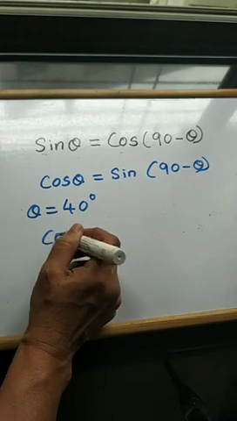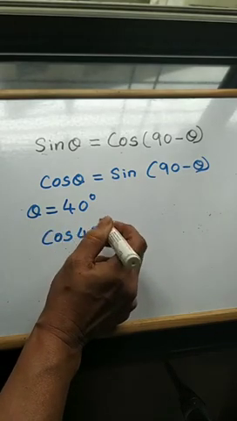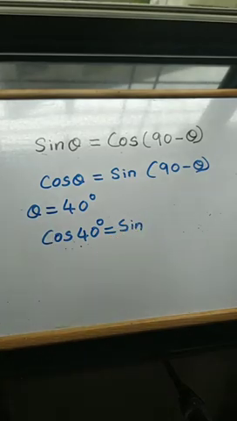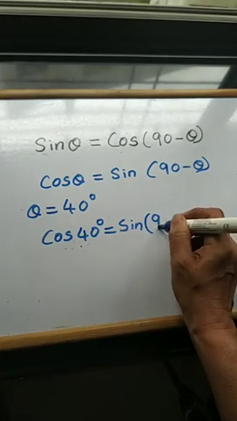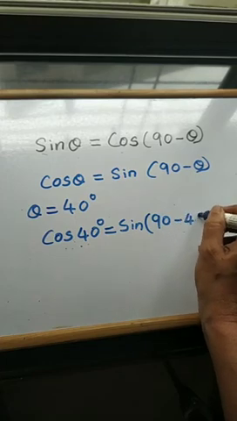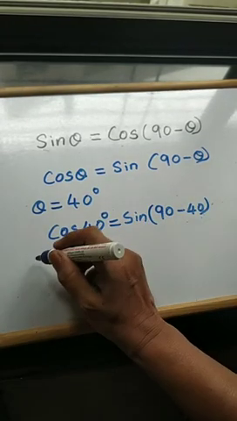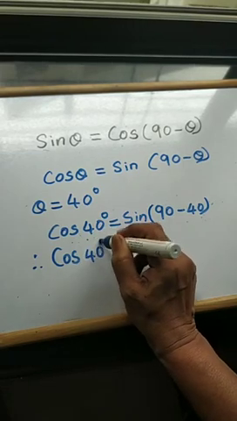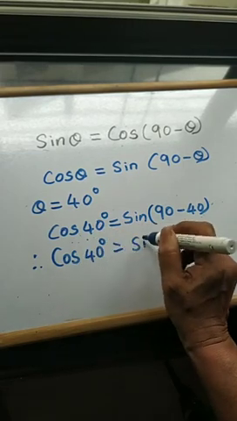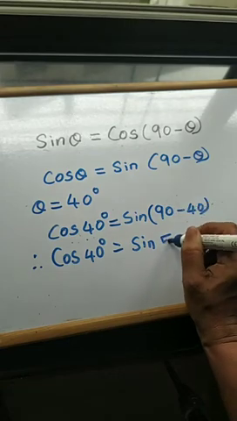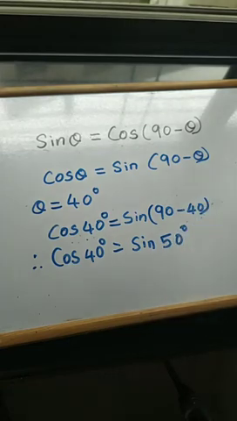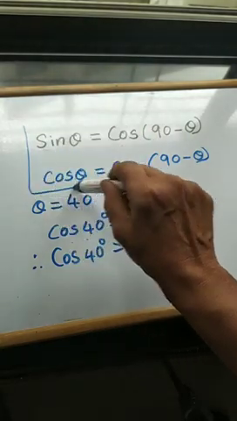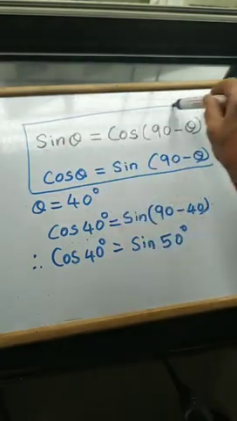So cos 40 degrees is equal to sine of 90 minus 40. So therefore cos 40 degrees is equal to sine 50 degrees. That's it.